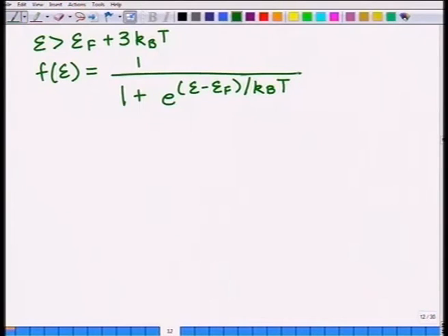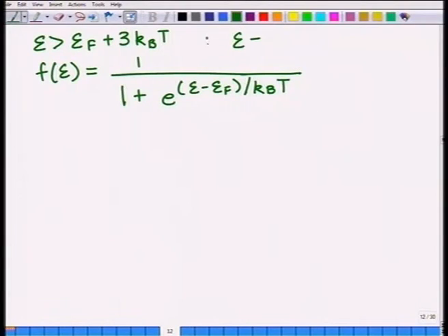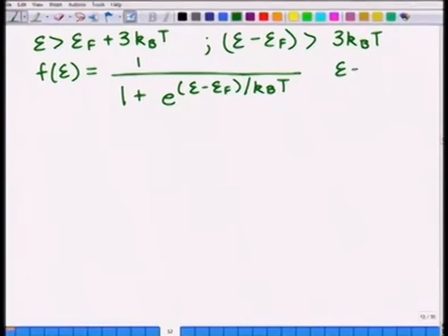So if E is greater than EF plus 3 kBT, that means E minus EF is greater than 3 kBT, then (E minus EF) by kBT is greater than 3.